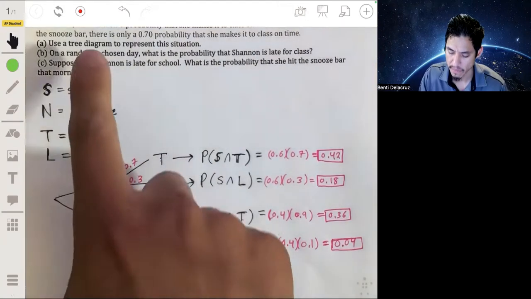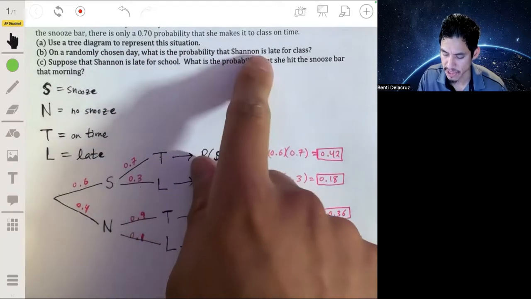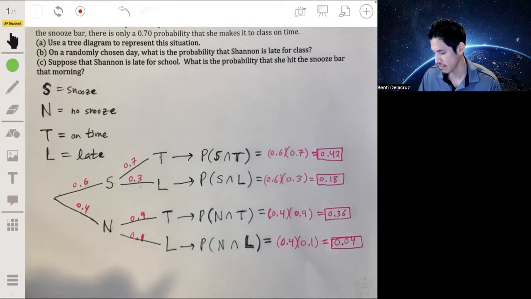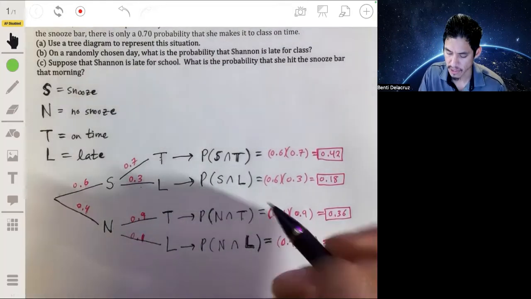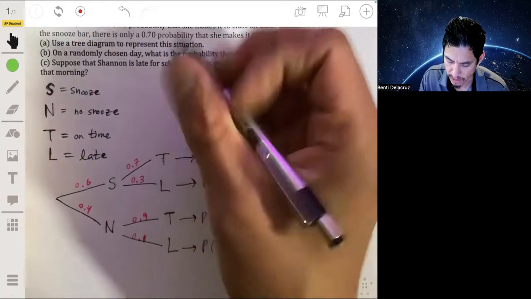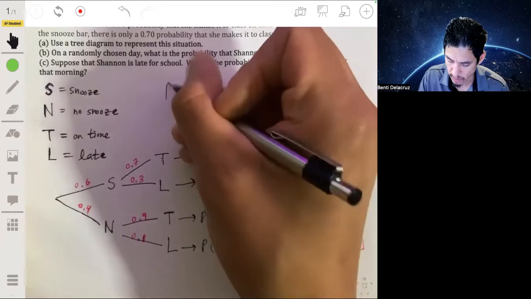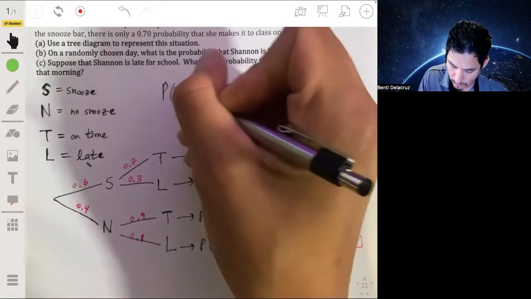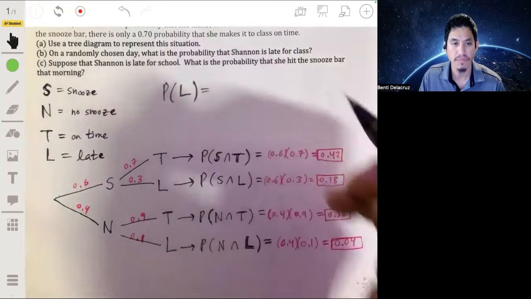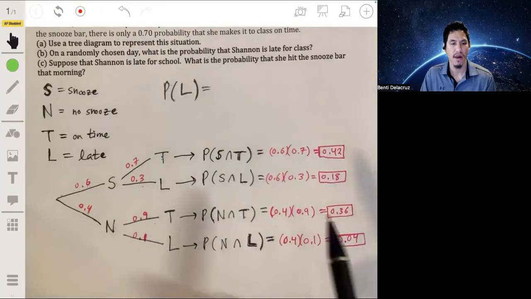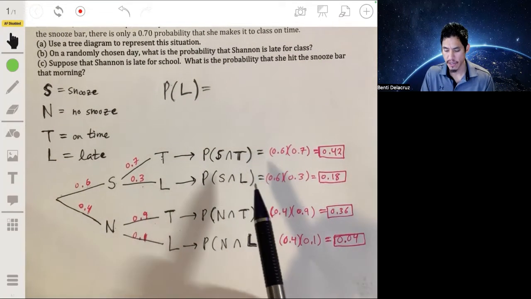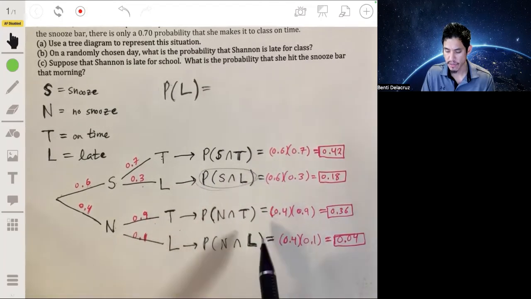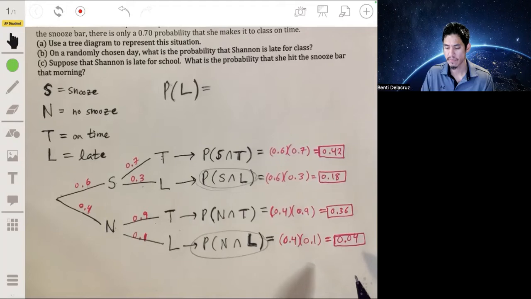On a randomly chosen day, what's the probability that she's late for class? Okay, well, let's look at where and when she's late for class. So in general, we're just trying to find the probability of being late, probability of L. Now, there's a couple different ways she can be late. She can be late by hitting the snooze, which is this, or she can be late by not hitting the snooze.